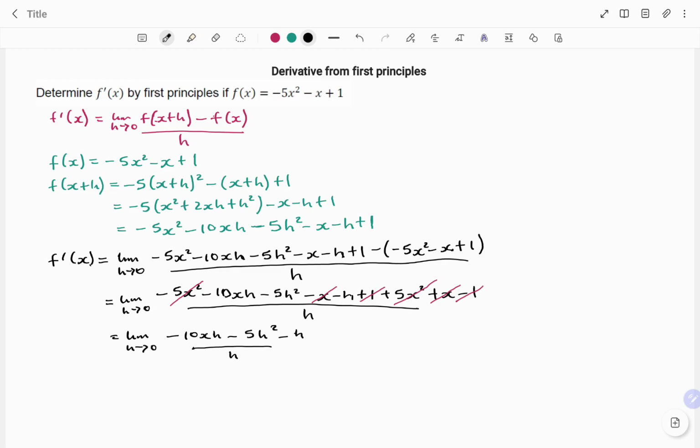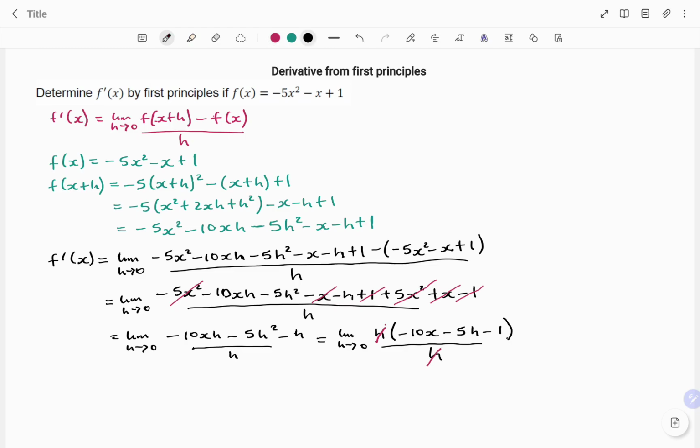I'm going to factorize h at the top of our numerator. I have the limit as h tends to 0. Factoring h, I have h bracket minus 10x minus 5h minus 1, divided by h. H divided by h, that's 1. So I have my h out.